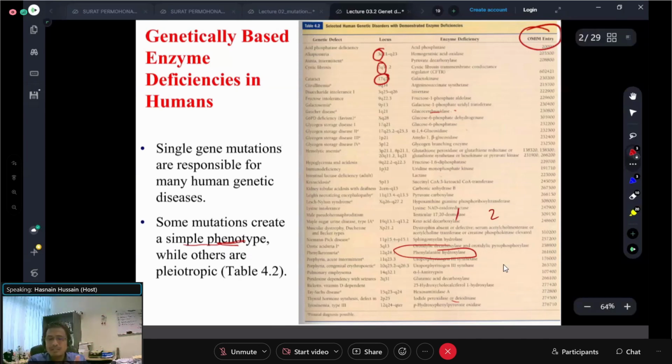Individual number two has a symptom in the kidney only, but the lung is normal. This one lung problem, kidney normal. This one kidney problem, lung normal. So meaning that between individuals, although they have the same deficiency, the characteristic of the disorder in different individuals are different. So that is what is meant by pleiotropic.